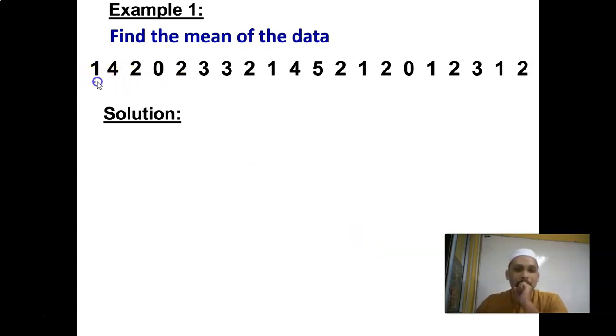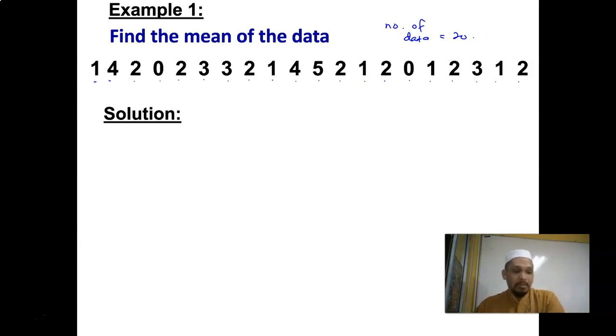Okay, 1, 2, 3, 4, 5, 6, 7, 8, 9, 10, 11, 12, 13, 14, 15, 16, 17, 18, 19, 20. So the number of data is equal to 20.